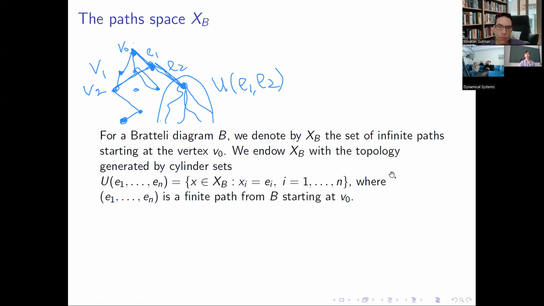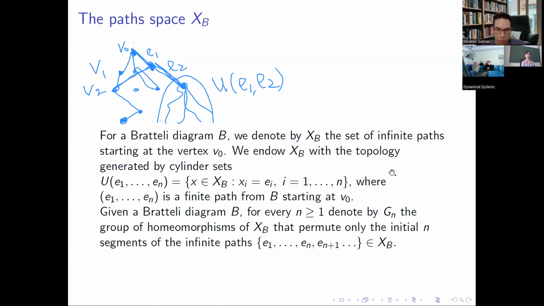Next, we introduce groups of permutations of paths, namely for each integer n, G_n will be the group of permutations of initial n segments of the infinite path. So given level n, say n equal to 2, and given two vertices, say we start with v0 and here, we are allowed to permute in any way the paths between these two vertices.